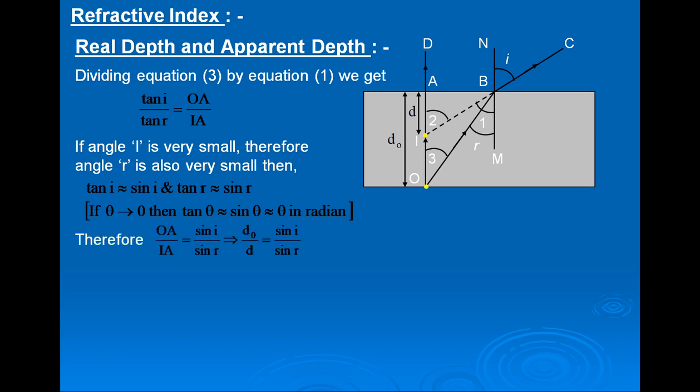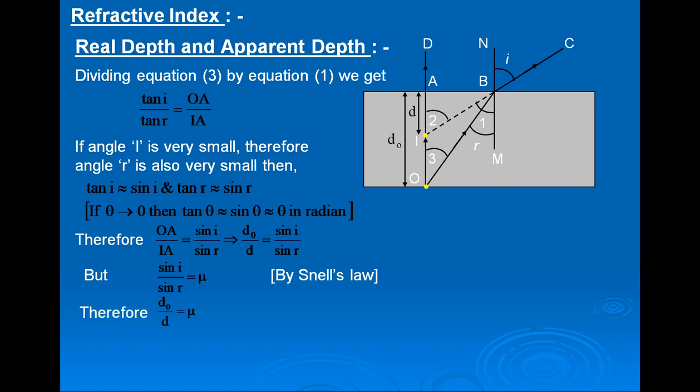Therefore, OA upon IA is equal to sin I upon sin R, which implies d naught upon d is equal to sin I upon sin R, because OA is equal to d naught, the real depth, and IA is equal to d, the apparent depth. But sin I upon sin R is equal to mu, the refractive index of the denser medium, by Snell's law.